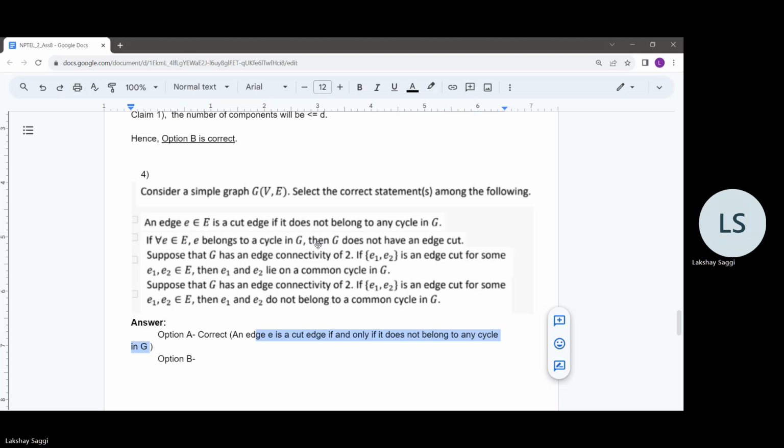If we select all the edges of the graph, that will trivially form an edge cut. So there will always exist an edge cut in a graph. There may be instances in which cut edges do not exist, but an edge cut will always exist. So option B is incorrect.